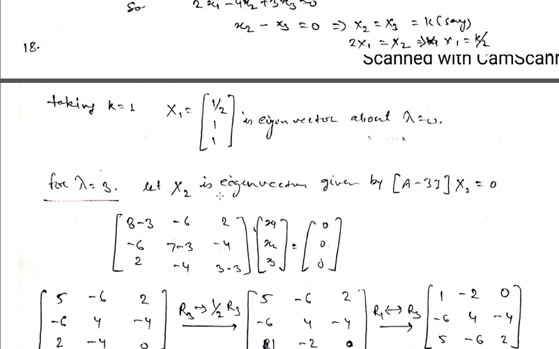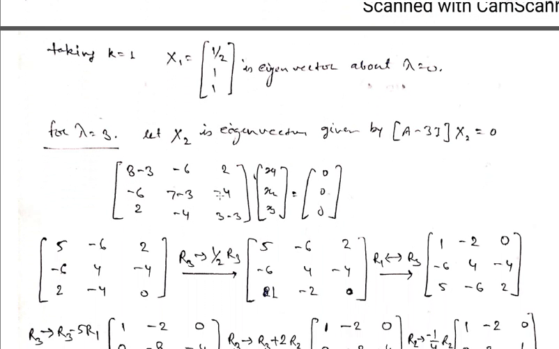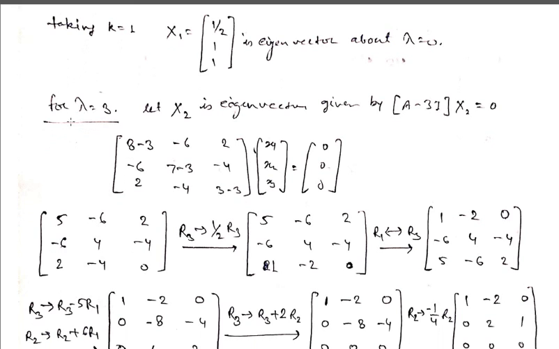Now we will find the eigenvector for another eigenvalue, which is lambda equal to 3. So let's suppose X2 is an eigenvector and it is given by (A minus 3I)X2 equal to 0. This is the characteristic matrix. So here we replace each diagonal element with the diagonal element minus 3.